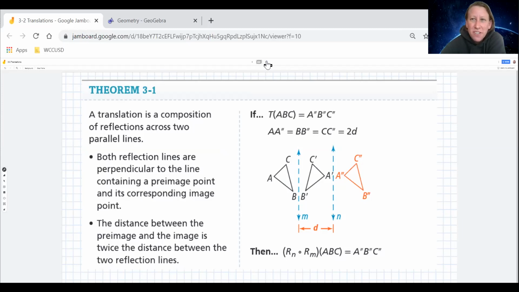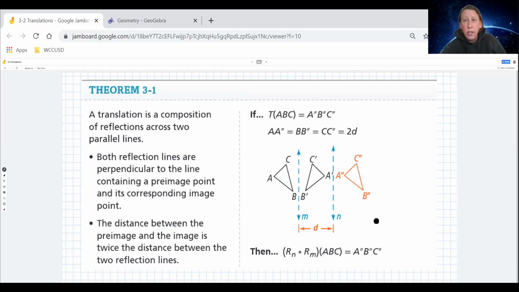This is interesting. We're not going to get into this too much, but a translation, you could get away with not doing a translation. So if for some reason translations were broken and you couldn't use them anymore, ever, you could never slide something around a coordinate plane, you can use reflections to get to the same place.